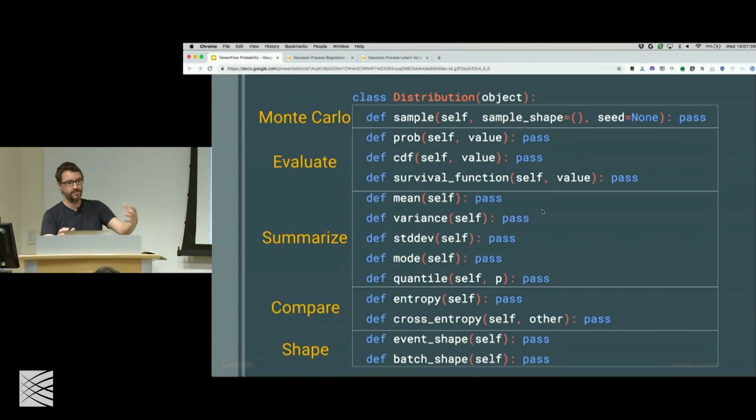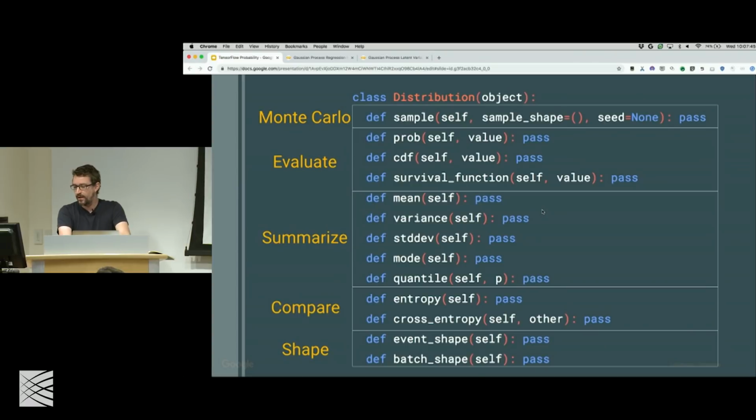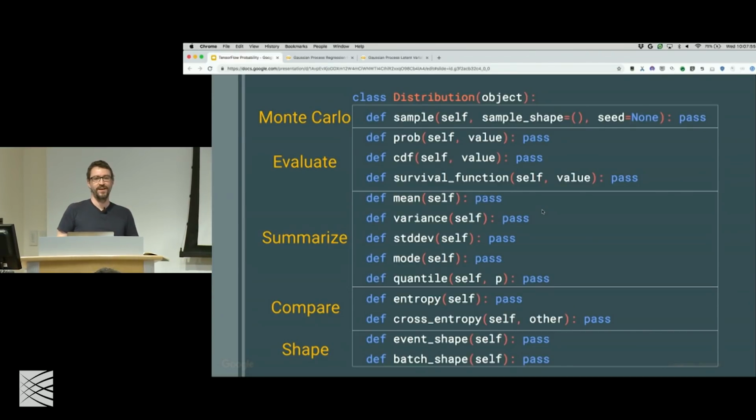And then matrix variate distributions like Wishart will have an event shape that is n by n or something like that. Batch shape allows us to have multiple independent and not necessarily identically distributed distributions that are batched together in the sense that we can perform computations in parallel on hardware which supports that.